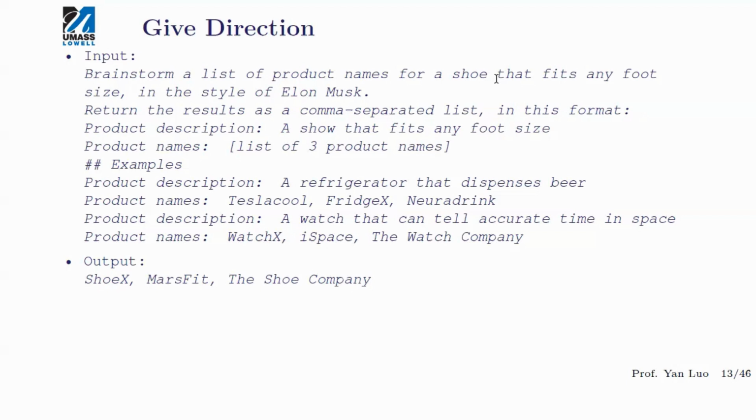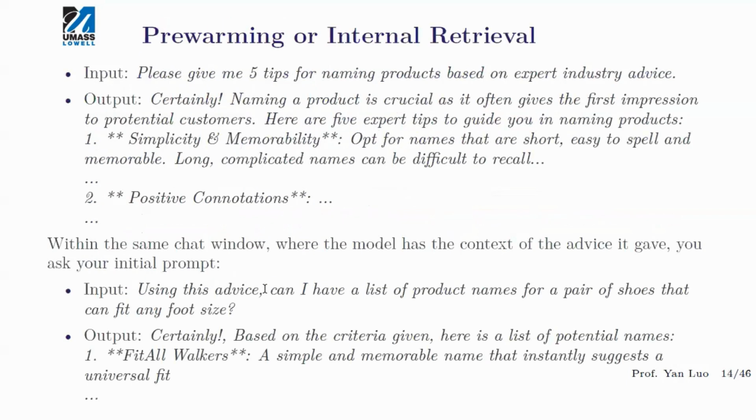So if you don't have these specific instructions, let's say if you don't have 'in the style of Elon Musk', if you don't have these examples, you probably won't have the exact output that you would like to have. So this is a very simple example. Of course, you notice that, but this demonstrates how you can structure your prompt so that you can get the exact output you would like to have.